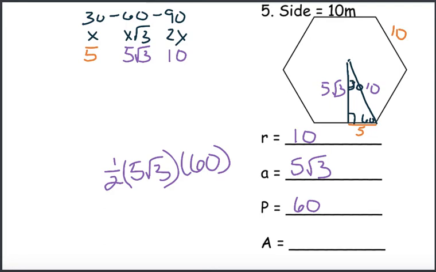You can do 5 times 60 divided by 2 to get 150. And then, so the answer to that area will be 150 root 3. Again, I would do 5 times 60 divided by 2 to get the 150. Root 3 for the area there, 150 root 3.